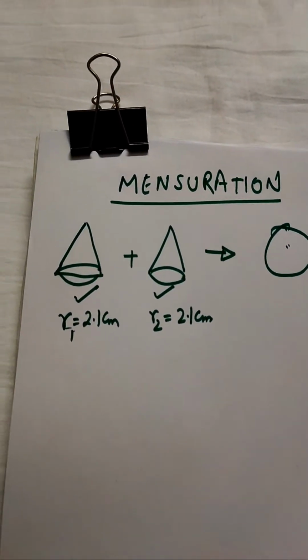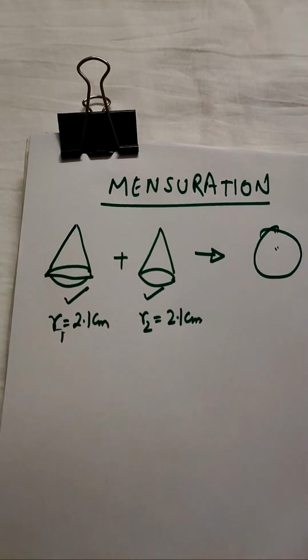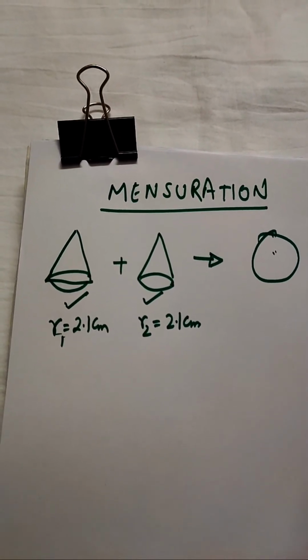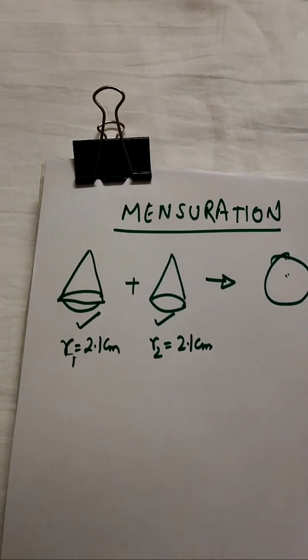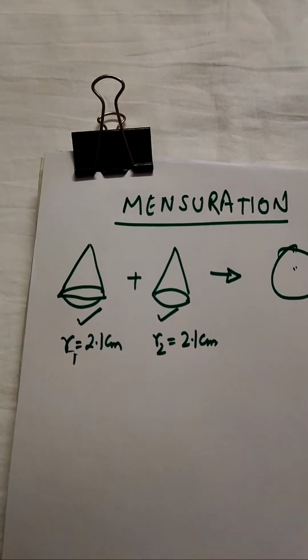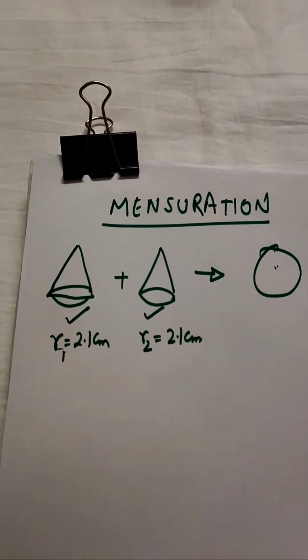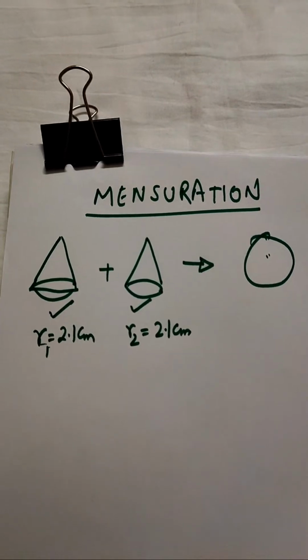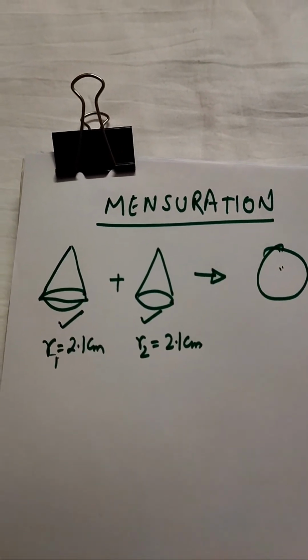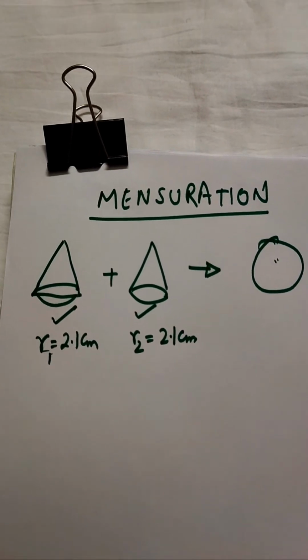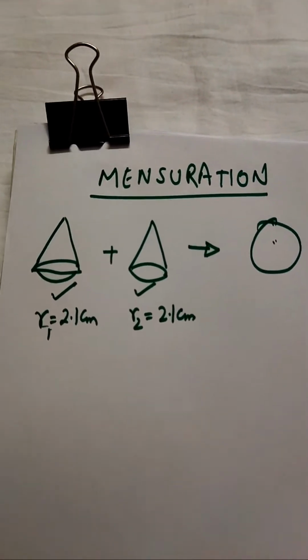Now the second part given in the question is that the heights of these cones are different. These two cones have separate heights: 4.1 centimeter and 4.3 centimeter.